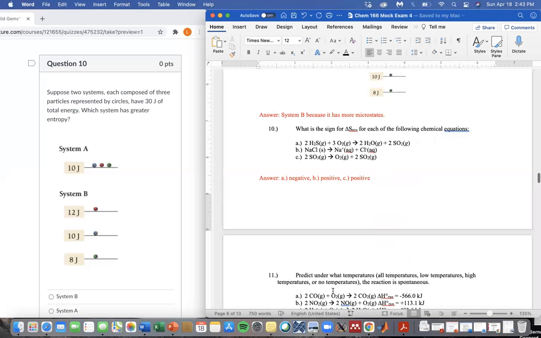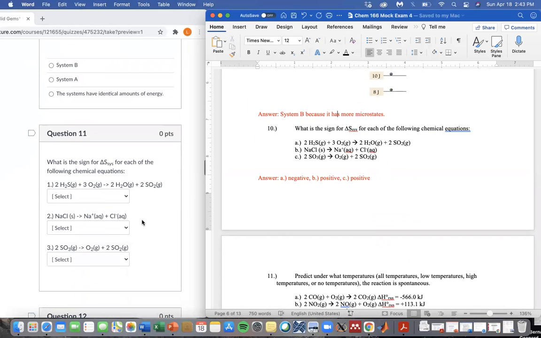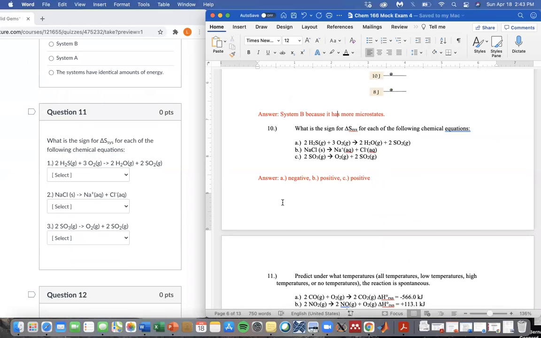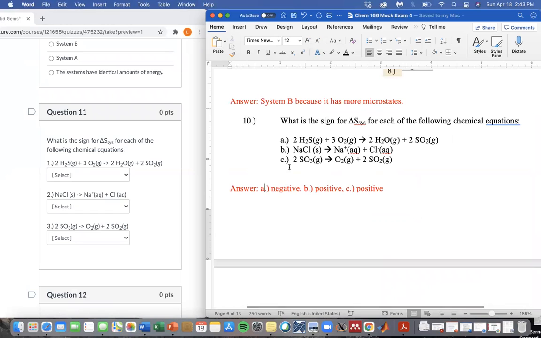Okay. So for the next one, we have to determine the sign of delta S for each of the following chemical equations. I think you did a problem with this in lecture recently, where you had to predict the sign of delta S and the sign for delta H. So this is just the delta S prediction here.